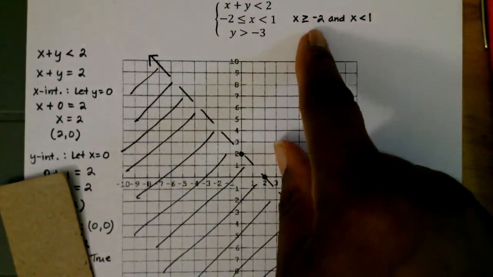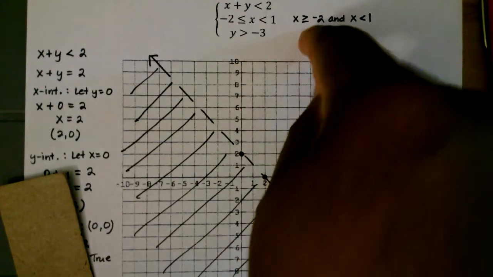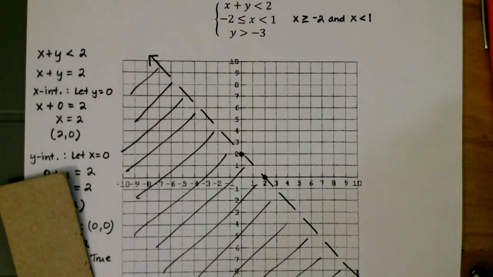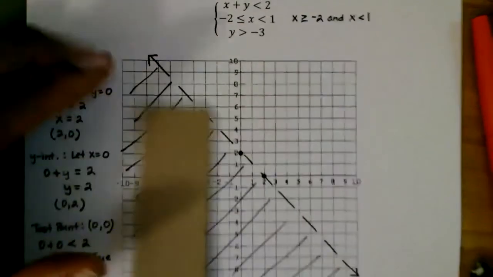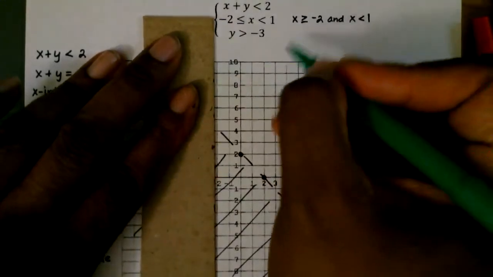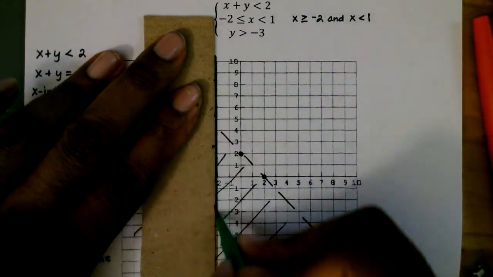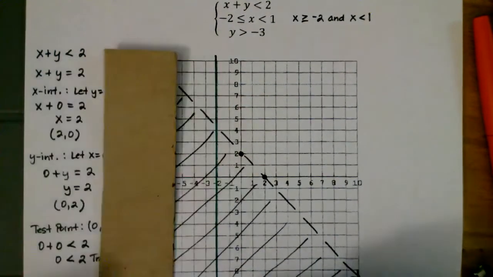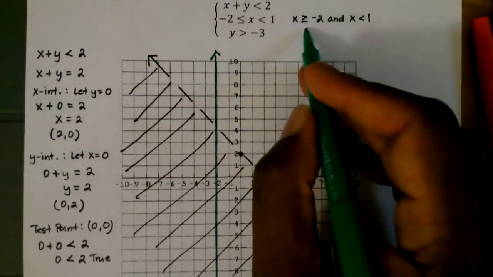Like for x is greater than or equal to -2, that would be a solid line. And let me do this in green. Sorry, just trying to pick my colors. So at -2 is going to be a vertical solid line, solid because of the equal to sign underneath it.